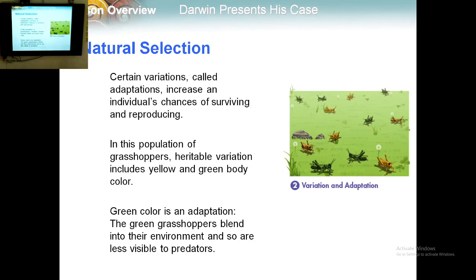Green color is an adaptation, so the green grasshoppers blend into their environment and are less visible to predators. So the yellow are more exposed to the predator. That means the number of yellow grasshoppers will decrease.